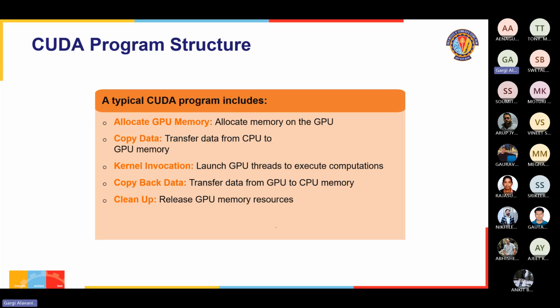You will copy the data from your CPU to your GPU. Then we will call the kernel function, and the kernel function will execute. Once the kernel function finishes its execution, the result calculated by your GPU has to be brought back to your CPU, and hence you need to again transfer data from GPU to CPU memory, and post that you release your GPU memory resources.